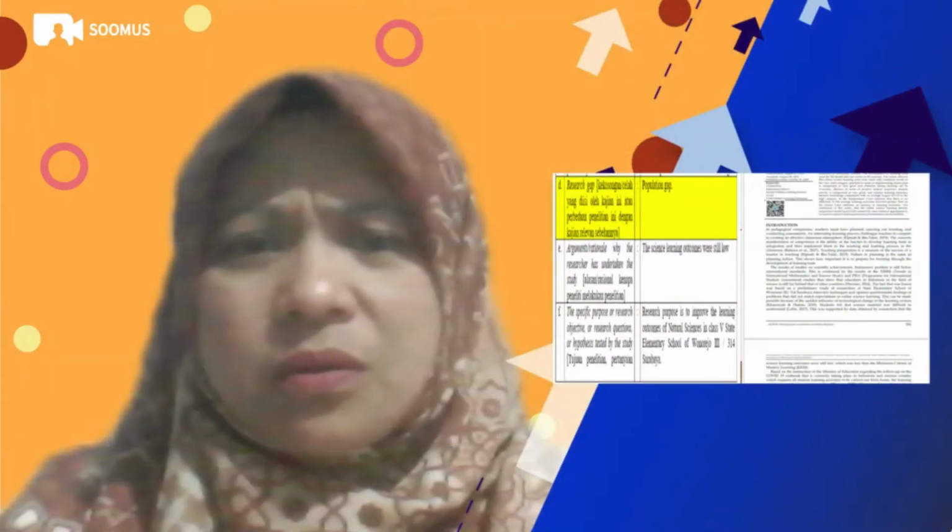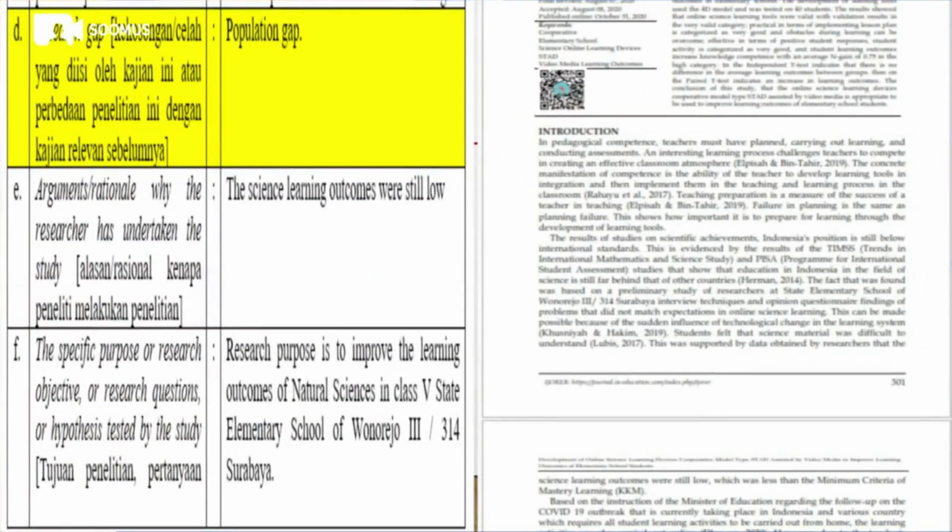Next, this yellow table is about research gap. According to me, the research gap in this research is a population gap, because this research has a limited population, and the population is directed only for grade 5 students, about 40 students.